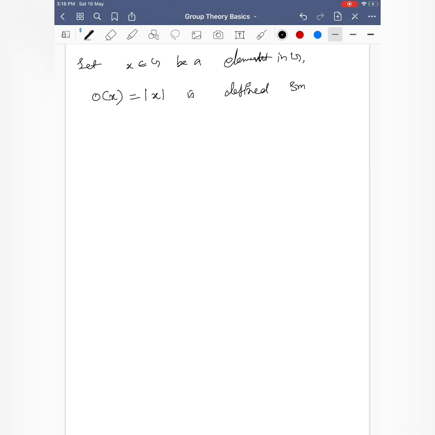Define the smallest natural number n such that x power n equals identity. That means you collect all n belonging to natural numbers such that x power n equals identity.